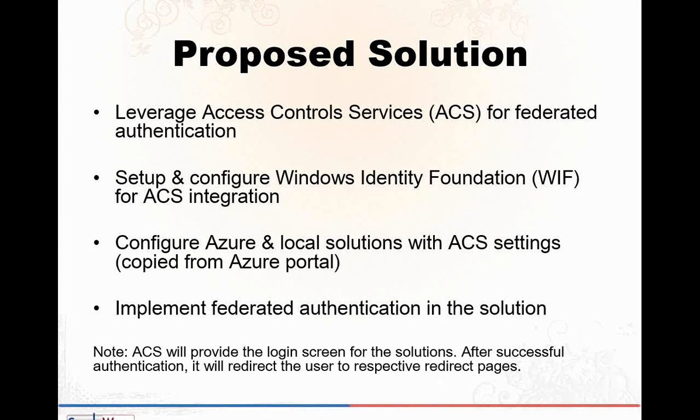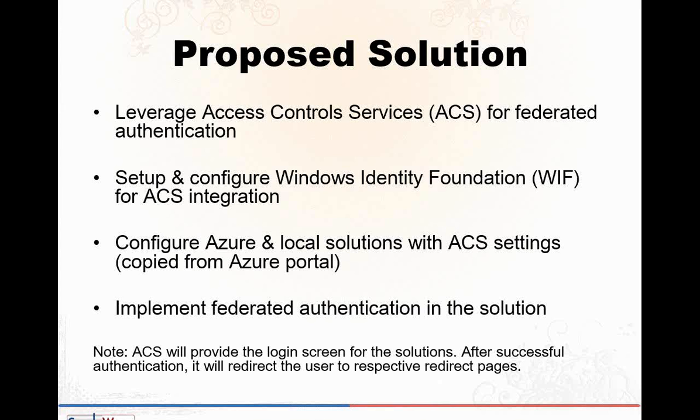ACS is built on top of the Windows Identity Foundation framework. So we need to have WIF configured on the Azure application as well as the locally hosted application to achieve this SSO. Unless we have WIF configured and integrated with these two applications, it is not possible to achieve SSO.